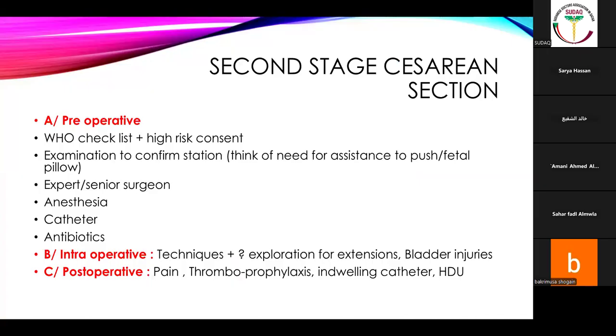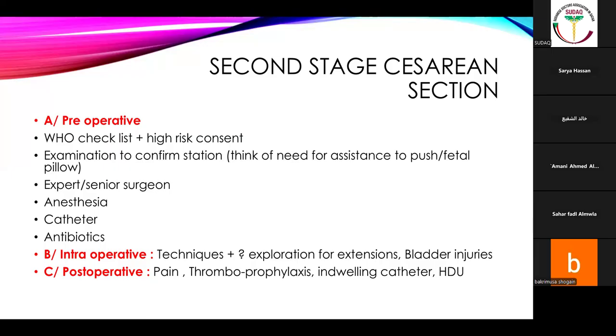So I'll be starting with the second stage cesarean section. The preparation for and the management of the second stage cesarean section. Once you have faced this question, you need to at least organize yourself into answering, to divide yourself, to organize yourself, and to put a skeleton.